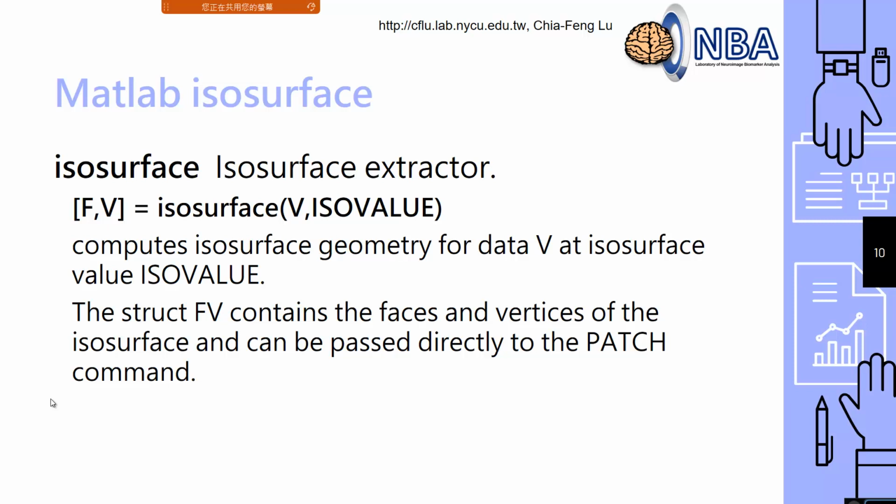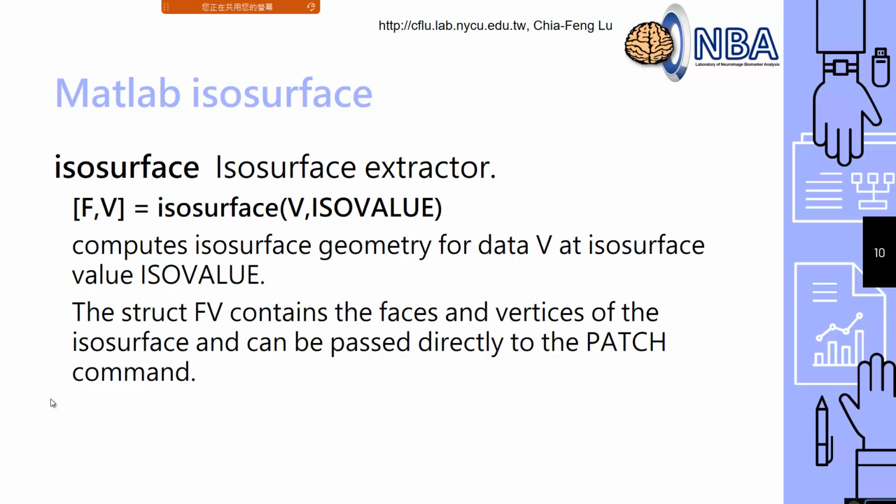Of course, it should be an imaging with 3 dimensions, for example, 200 by 200 by 100. Okay, it should be a 3D image, right? It should not be a 2D imaging. If your V only has the size like 200 by 200, it won't work. You should give a 3-dimensional image volume right here. And the second input is the so-called iso value. That is the threshold value. Okay, think about this.